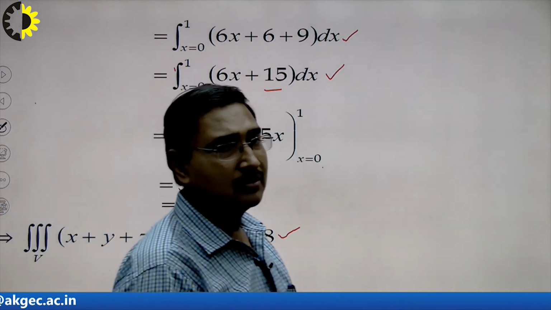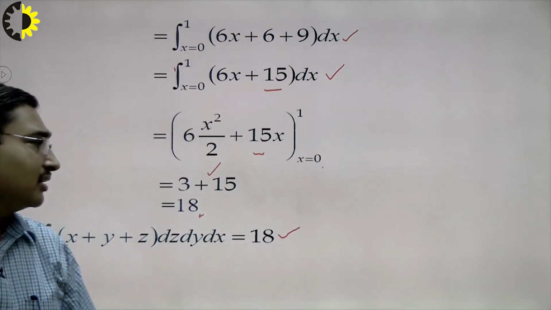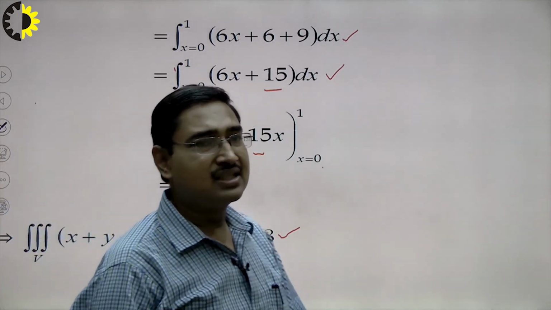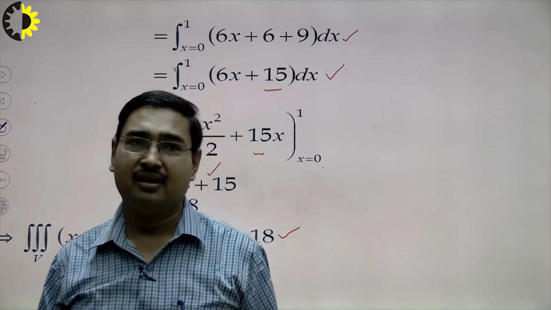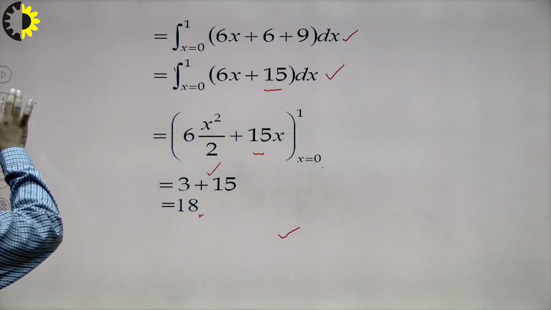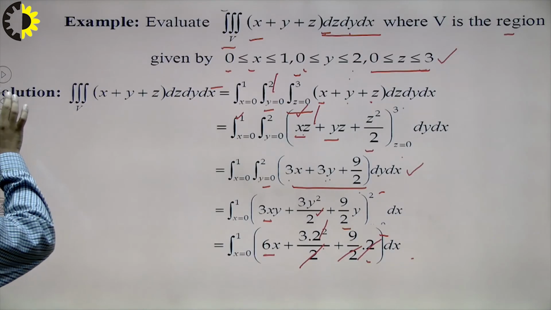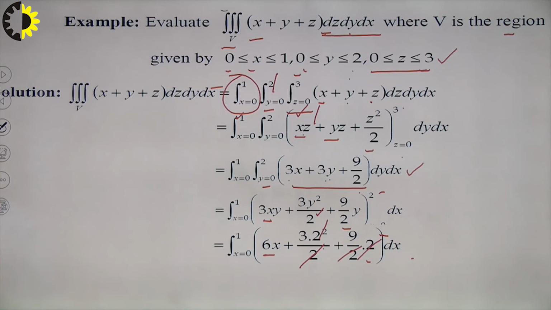In this problem, the limits of x, y and z were constant, but if limits are not constant, then we shall follow the same practice as we have done earlier in double integral. The outermost limit, this one, must be constant when we are evaluating any double integral or triple integral.